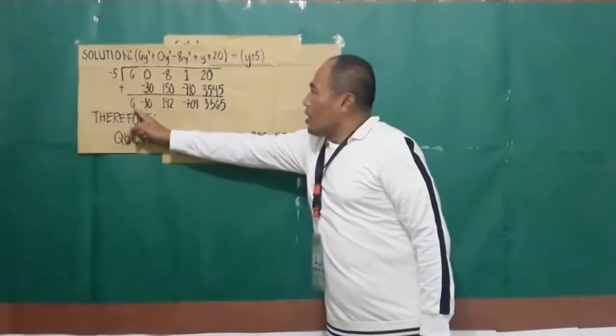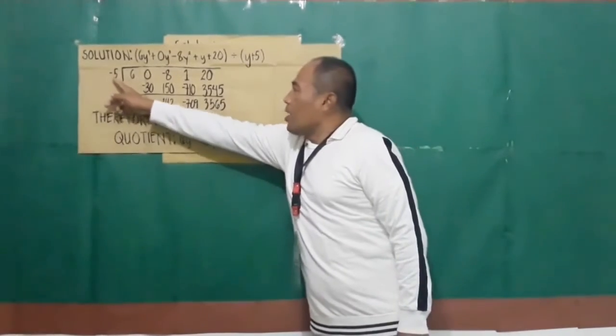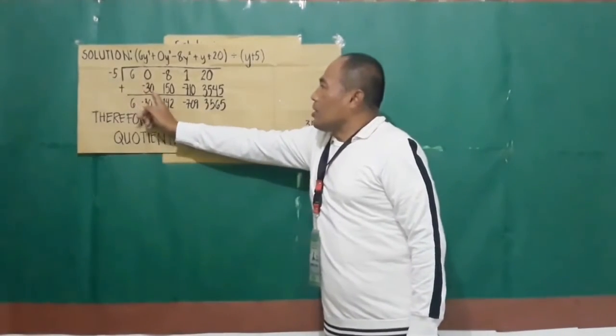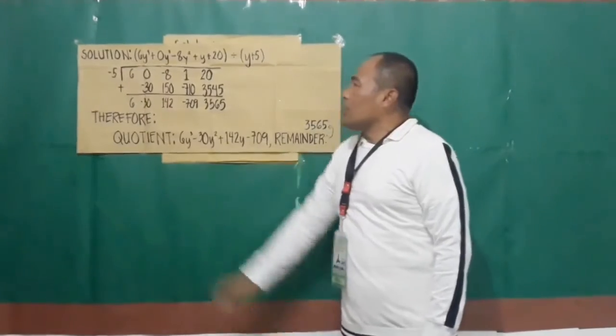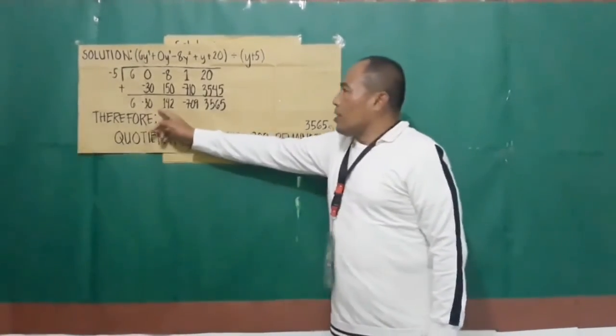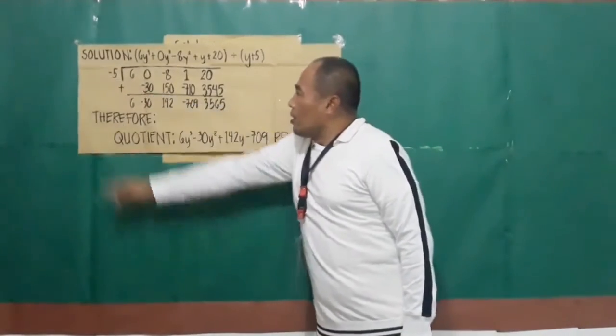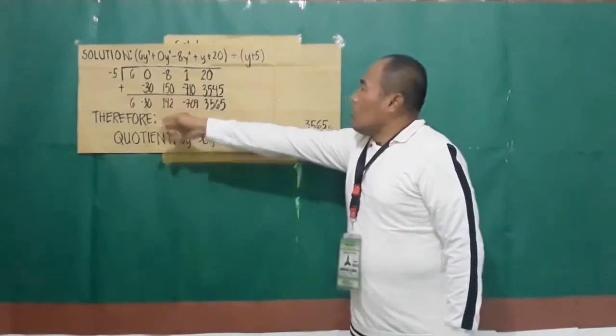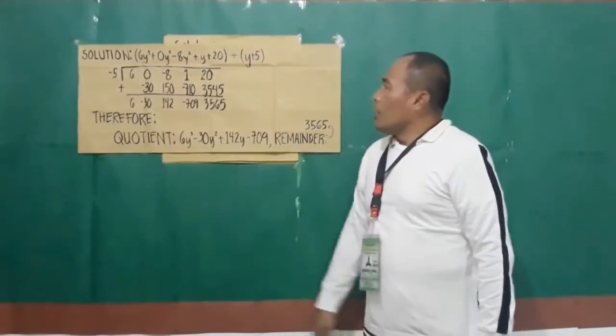Bring down the 6, and 6 times negative 5 is negative 30. 0 plus negative 30 is equivalent to negative 30. Negative 30 multiplied by negative 5, the result is 150.